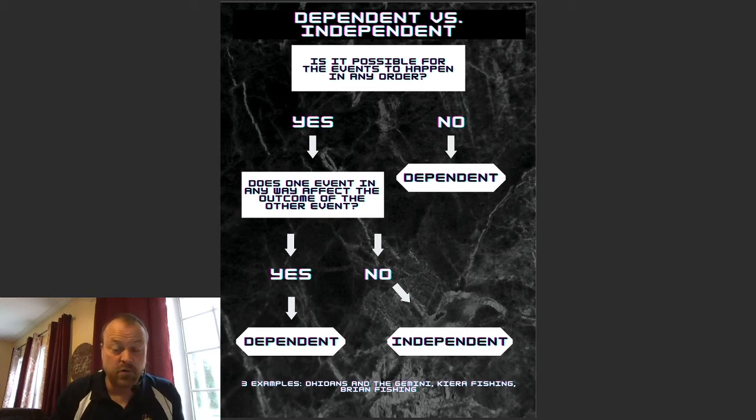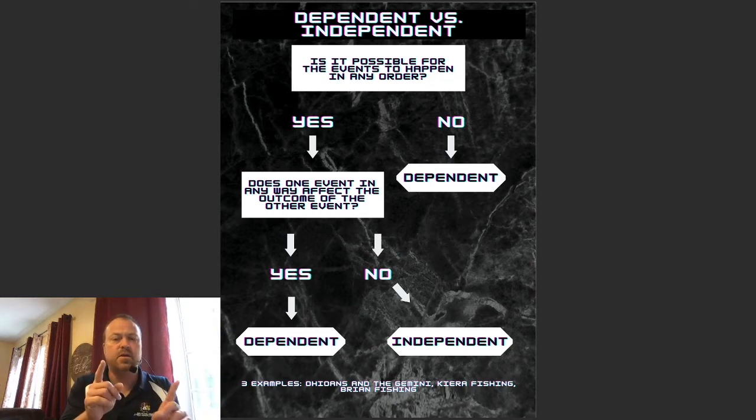If it is possible for the events to happen in any order, then we have to ask another question, because it's not necessarily independent yet. The second question we ask is, does one event in any way affect the outcome of the other event? If by A happening, it changes something about the likelihood of B happening, then it is also dependent.